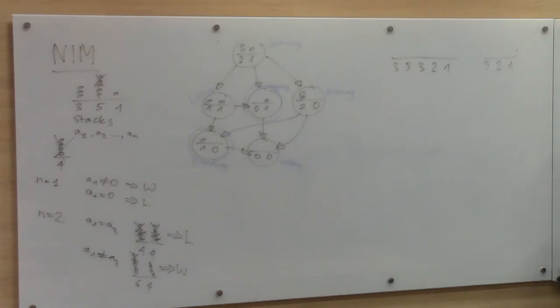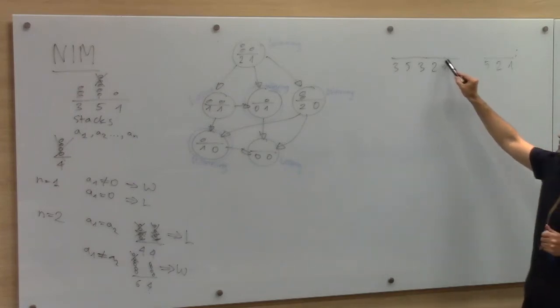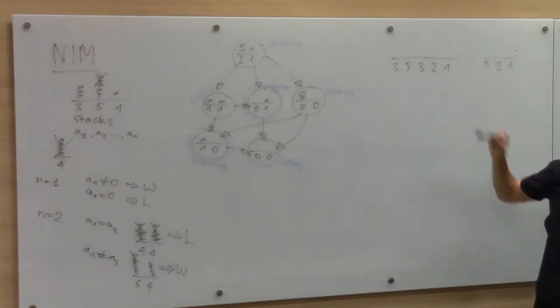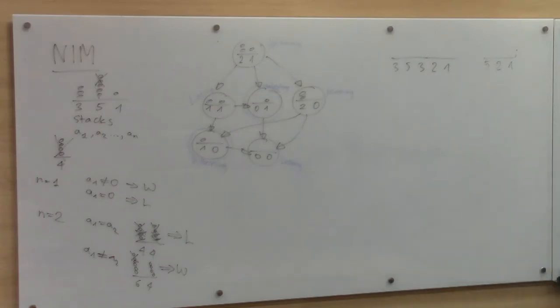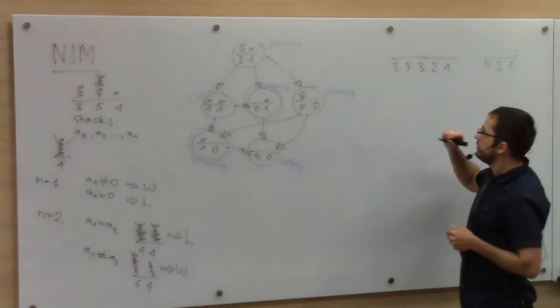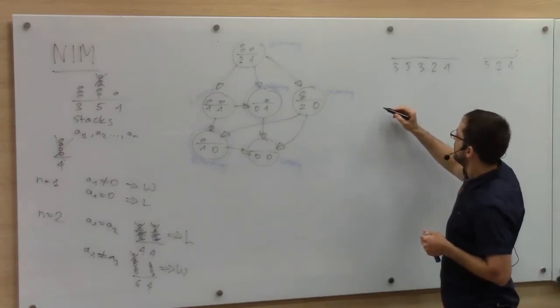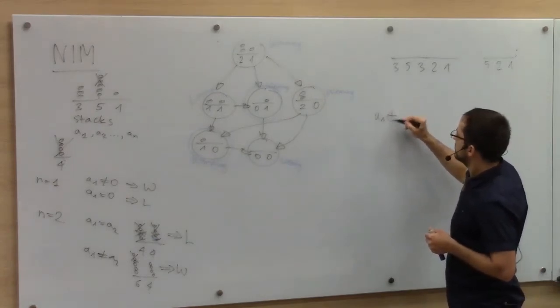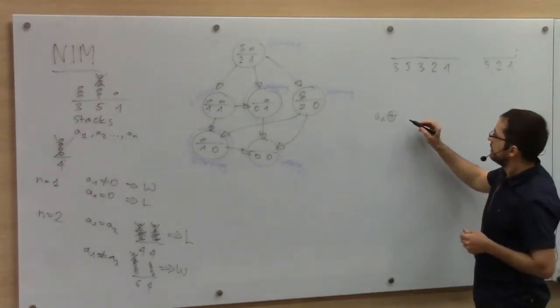And the general algorithm is as follows: we take the XOR of the heights of the stacks, and we see what is the value of this XOR. Based on that, we know who has the winning strategy. Let's say that we denote the XOR operation by this plus in a circle.